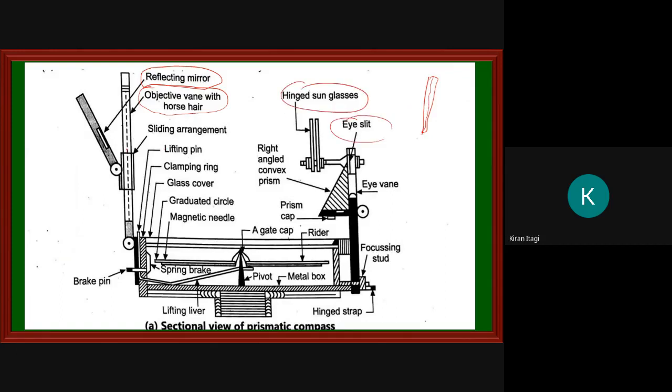Sunglasses will be there, and an eye slit. We have many other things: lifting pin, clamping ring, cover glass, graduated circle, magnetic needle, pivot, brake pin, and lifting lever. So these are some of the parts.